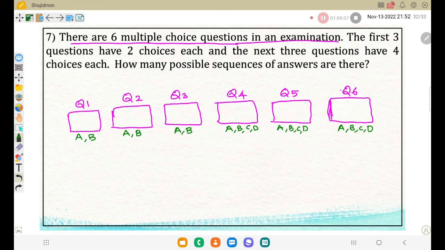How many possible sequences of answers are there? That is the question.